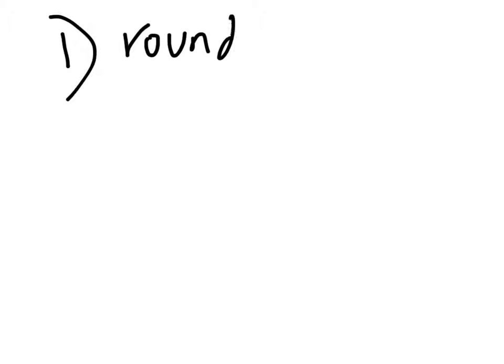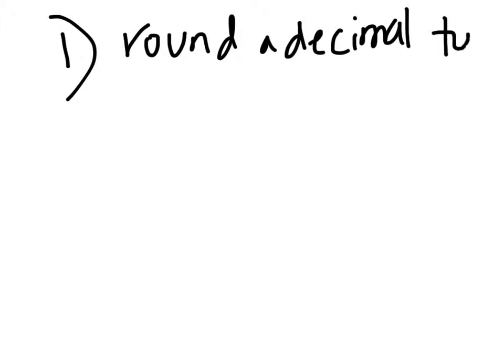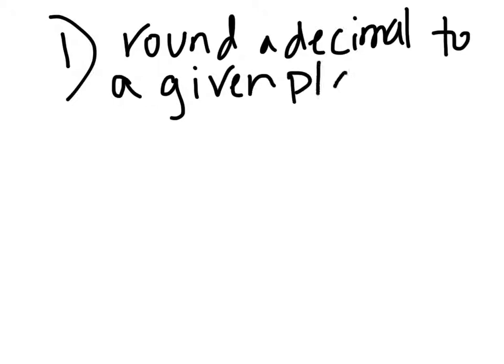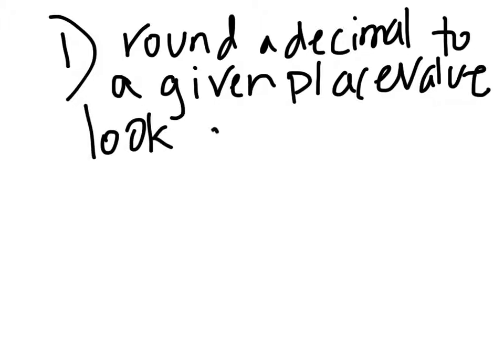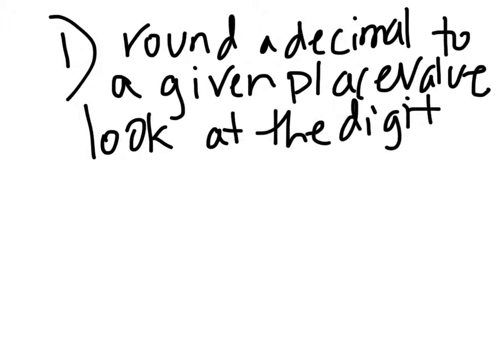So there are some rules when we round decimals. The first thing you have to do is round a decimal to a given place value. I need you to look at the digit to the right.